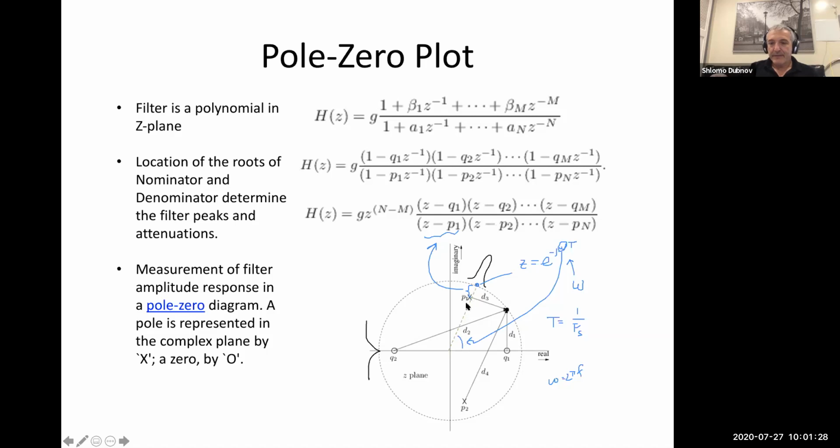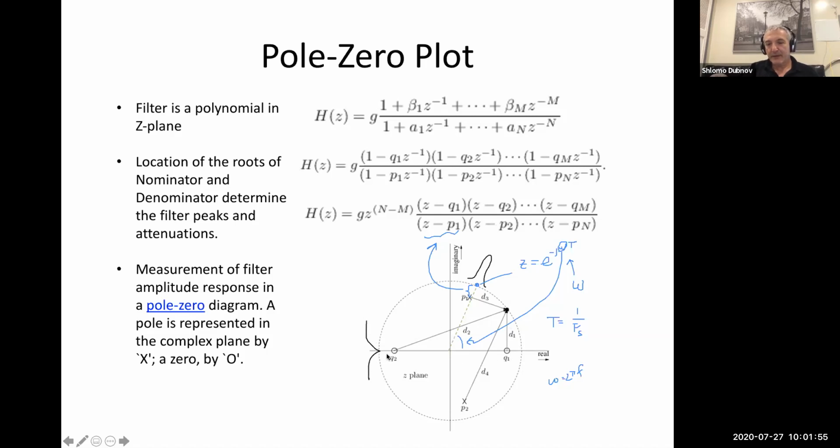So that frequency, we position it on the pole, so it will be that distance from this point, that frequency on the unit circle to the pole will give me this desired distance here, and that will be the amplification, okay? This is what happens. I mean, the zero goes the other way. The zeros create the notches here, okay?